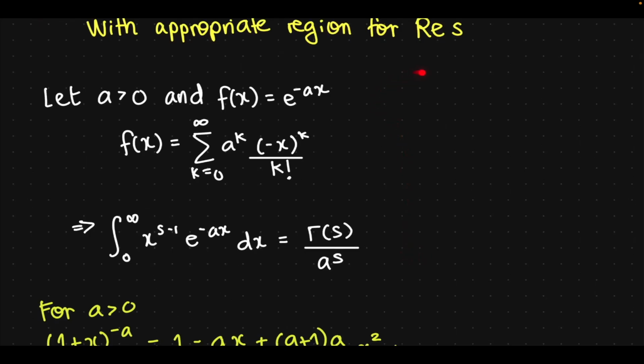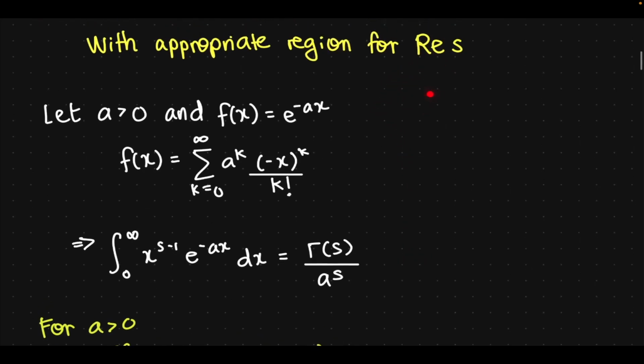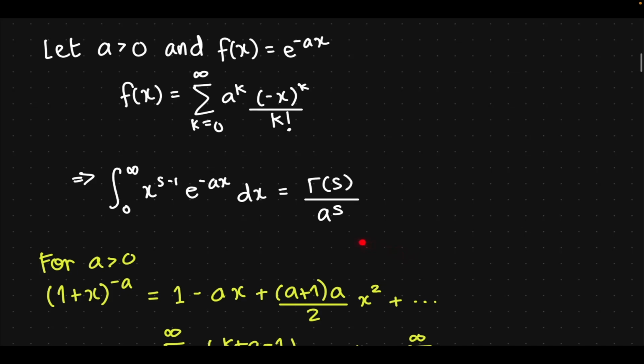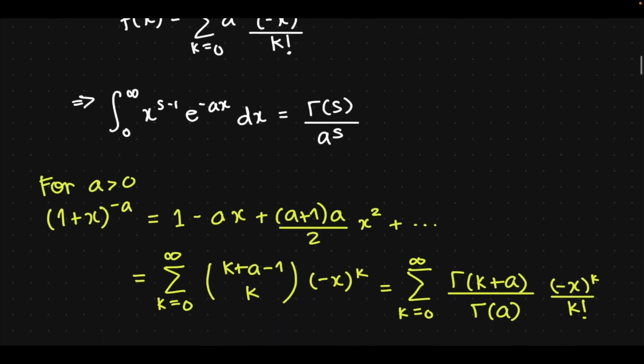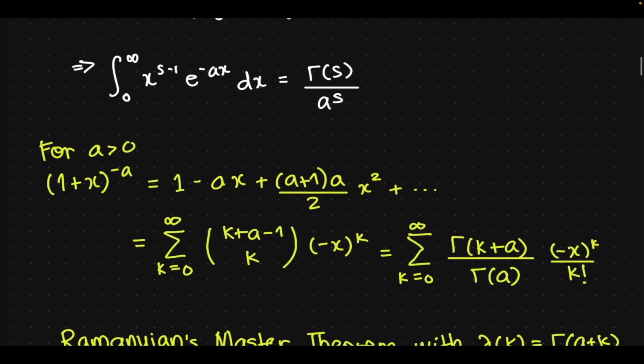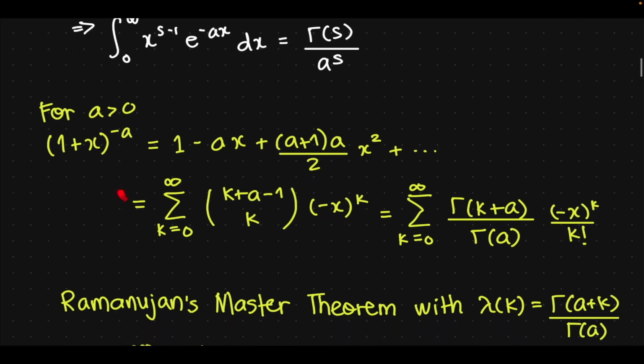Although we didn't really argue strongly for what the real part of s is going to be, but knowing the properties of the gamma function, it's analytic on the real part of s greater than 0, which can be analytically continued further, but let's leave it at that. Also, for a greater than 0, we have 1 plus x to the minus a, which we can write as a Taylor binomial expansion.